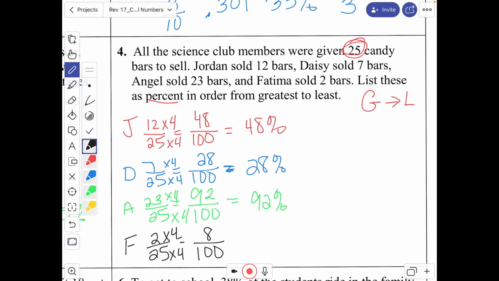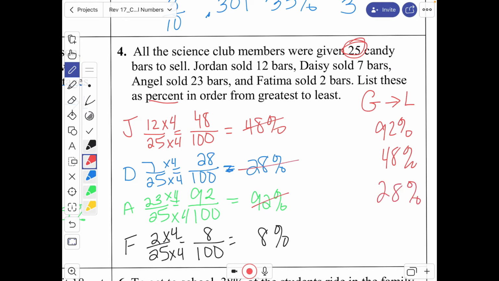Fatima also times 4. 2 times 4 makes 8. 8 out of 100 is 8%. Don't forget, you're supposed to list them in order from greatest to least. So the greatest was 92%, then 48%, then 28%, and finally 8%.